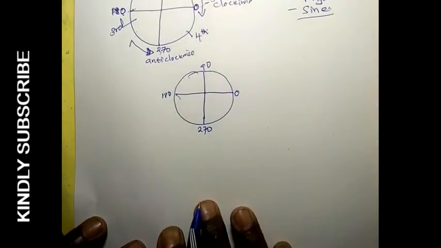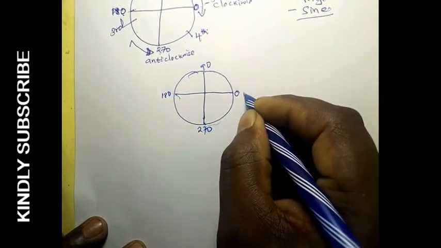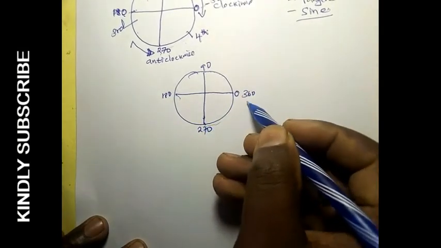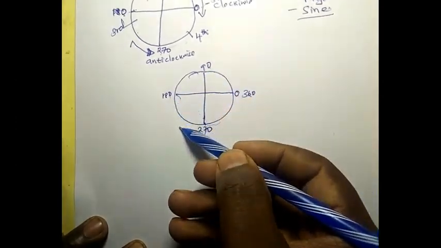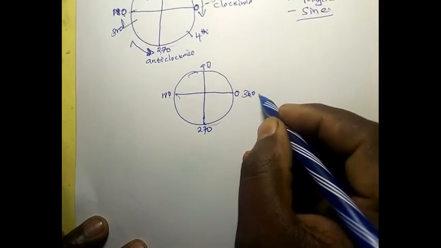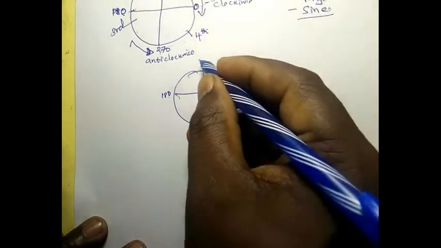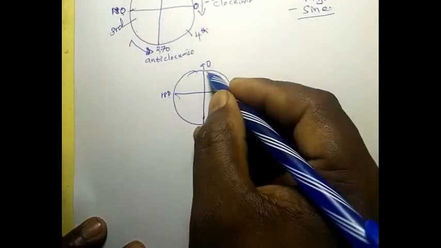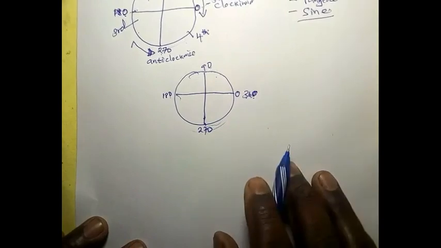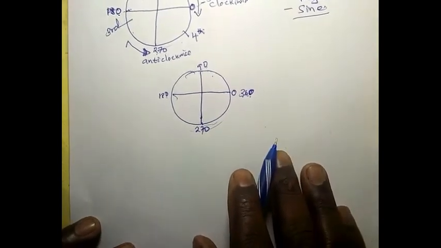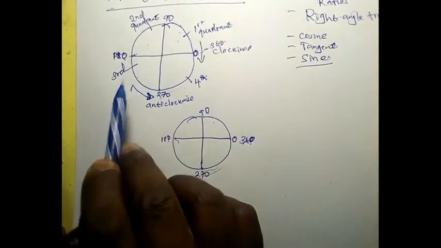Once we reach 270, we go to 360. We go again 360 plus 90, and if we reach here another circle, we reach 720, like that. So once you go one cycle, you cover 360 degrees. I have said the first quadrant, second.